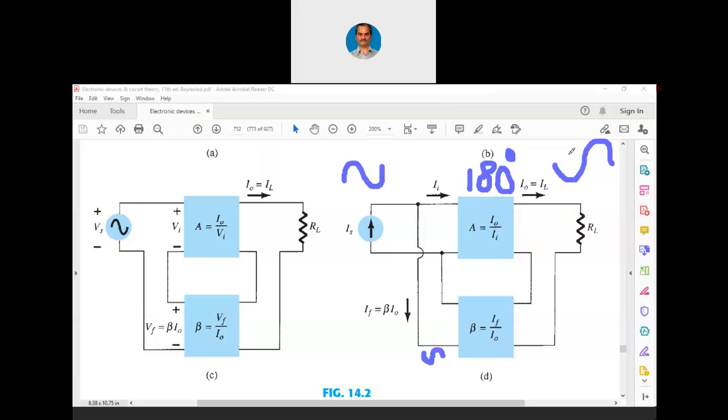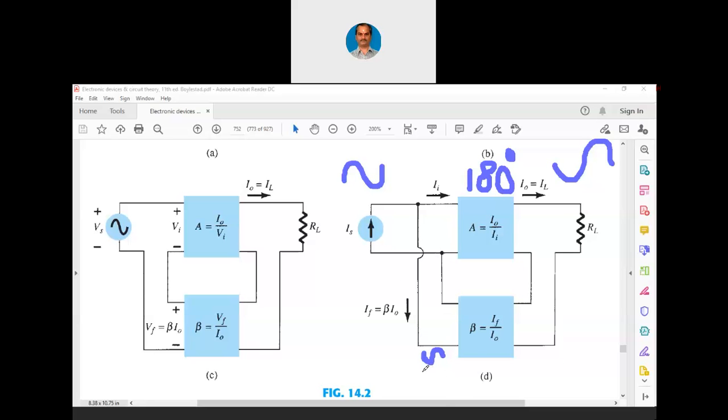You can see the small portion of the output waveform is connected along with the input waveform. You can see that the input waveform is rising, output waveform is falling, and even the feedback waveform is falling. So what will be the net effect at the input? The net effect will be that it will be reduced.